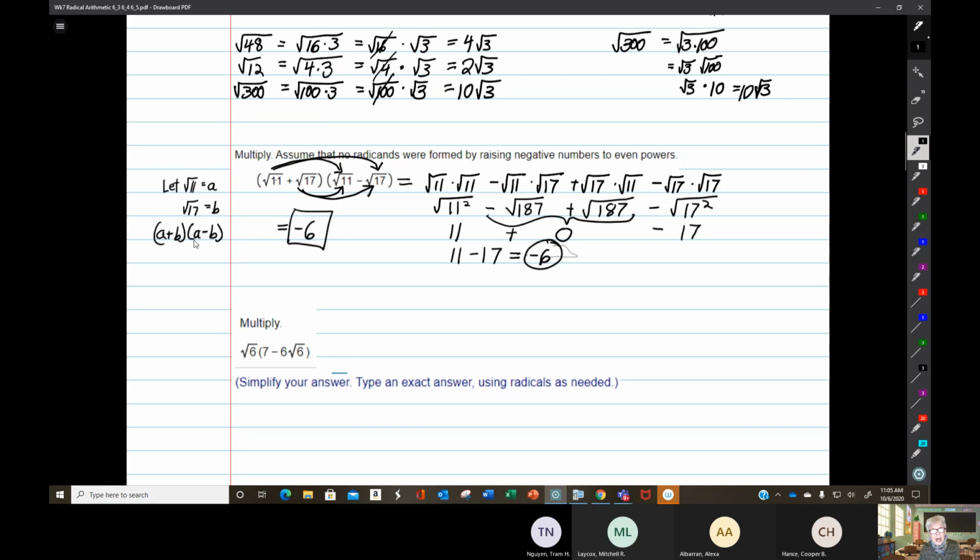If you have that, then your answer is a squared minus b squared. And as you already know, this can be factored by the difference of two squares into a plus b times a minus b.